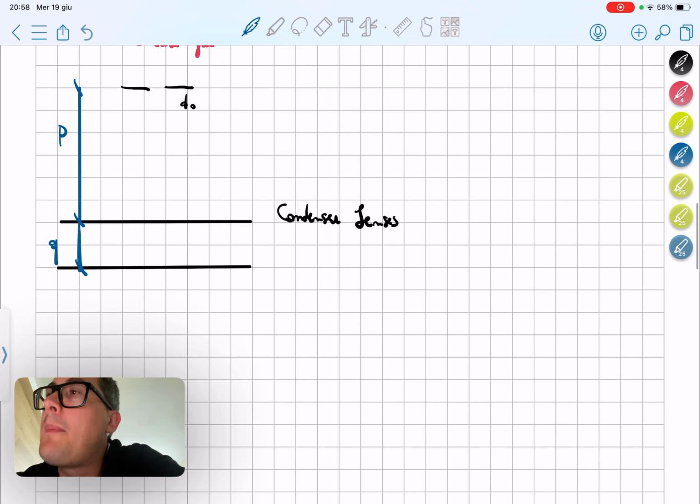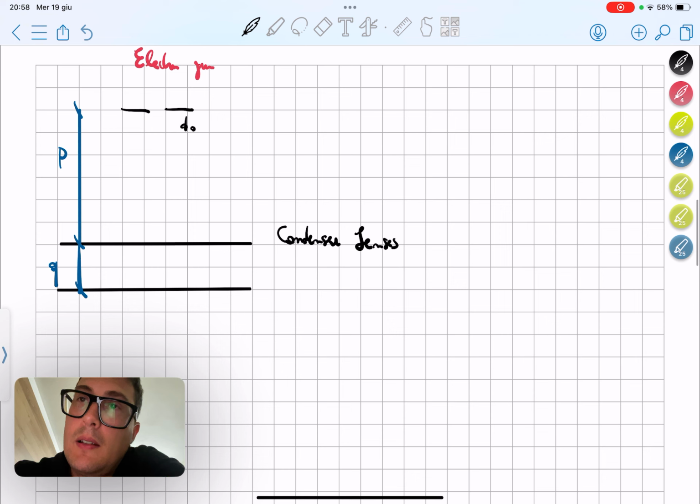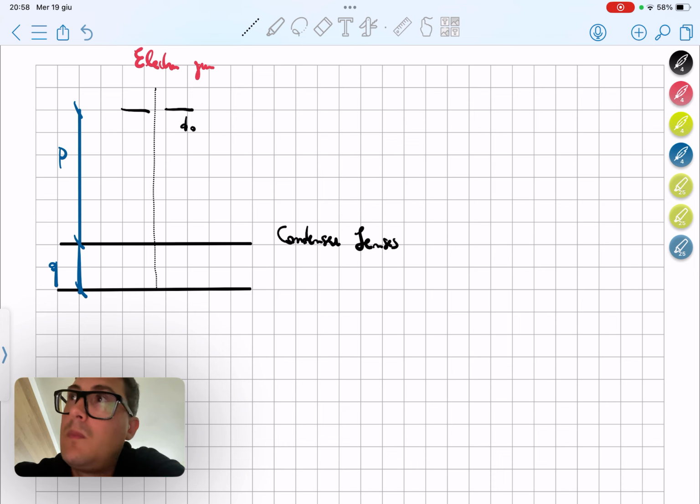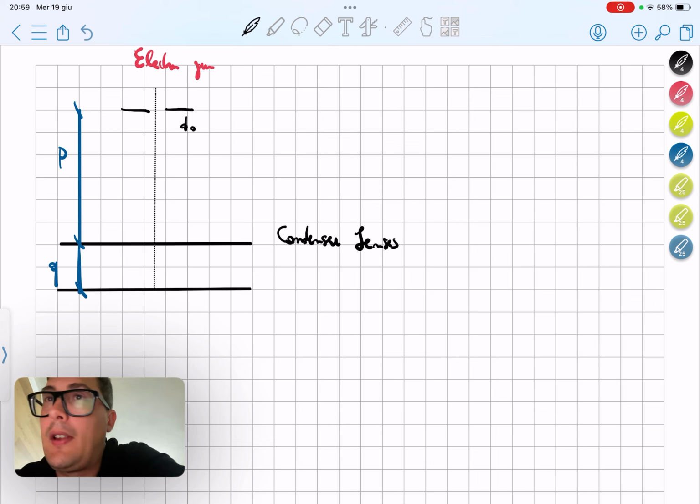Okay, so what's happening is we have what we call an optical axis that goes all the way and stays in the center.